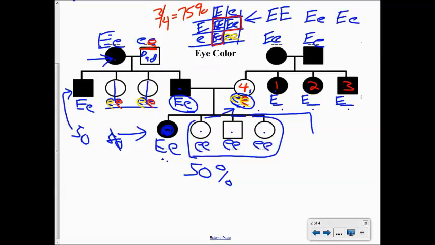So I don't know whether it's going to be that or that in any one of these cases. How do I know if this is the one that's big E? Maybe it's this one here. So the way to solve this is to not solve it, to simply put a question mark for my second allele, indicating I know the first one's dominant, but the second one is unknown.